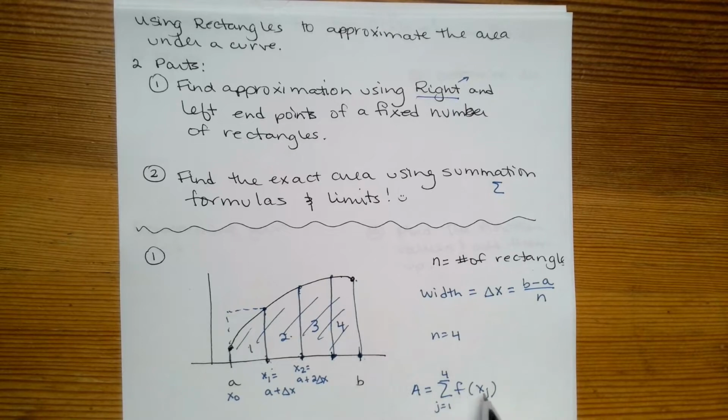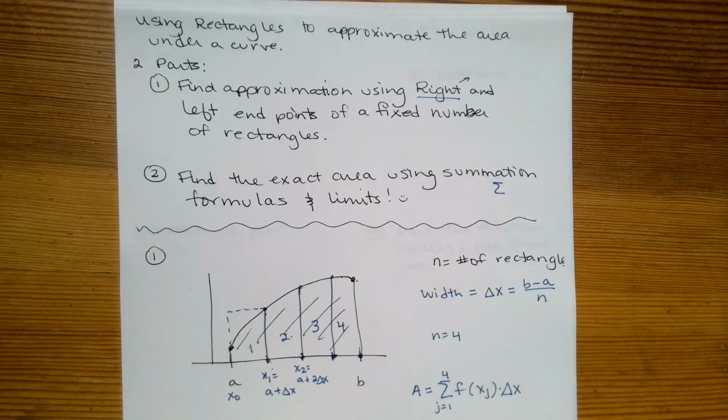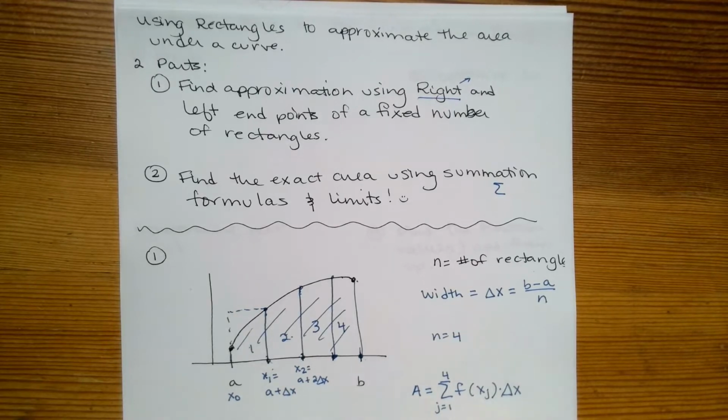Here are the heights of each of the rectangles, and then we are going to multiply the heights times delta x. So that's going to be f of x sub 1 times delta x, plus f of x sub 2 times delta x, plus f of x sub 3 times delta x, plus f of x sub 4 times delta x. And yes, x sub 4, that last one, x sub n, is also equal to b.